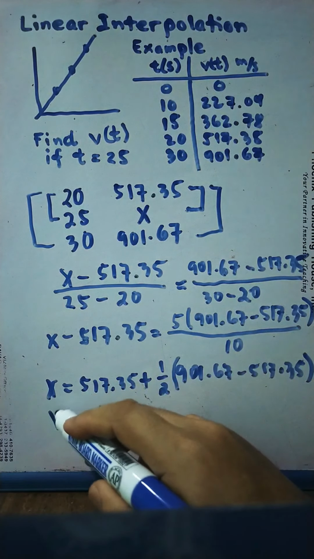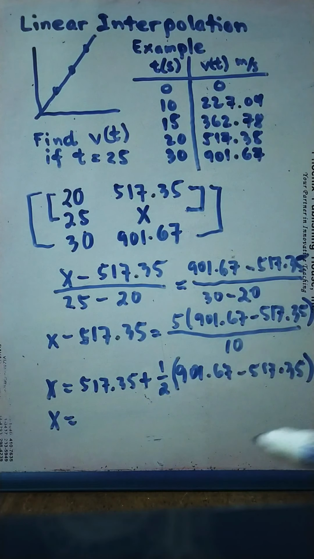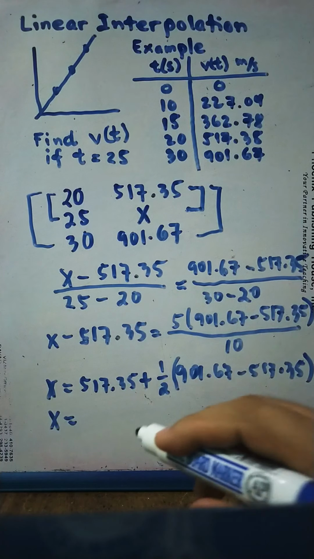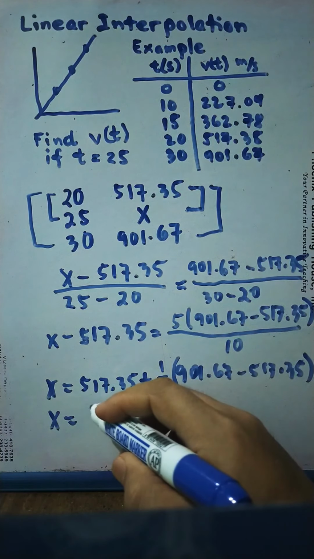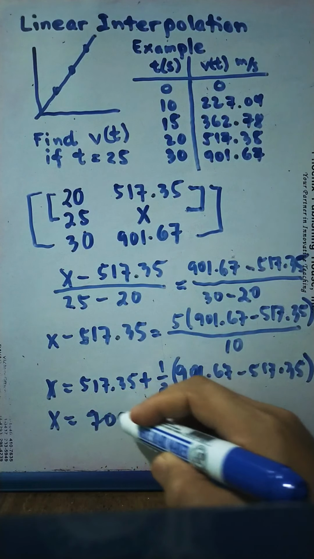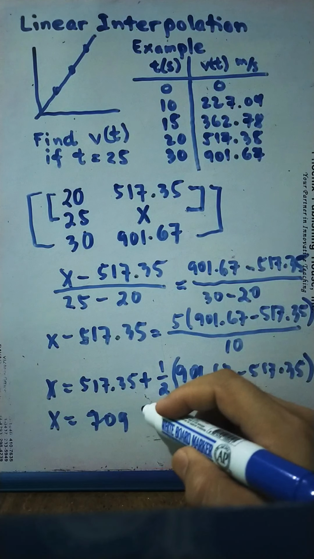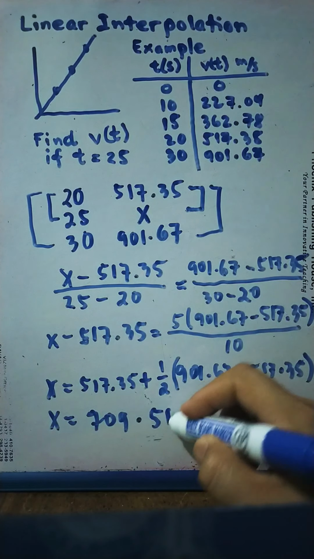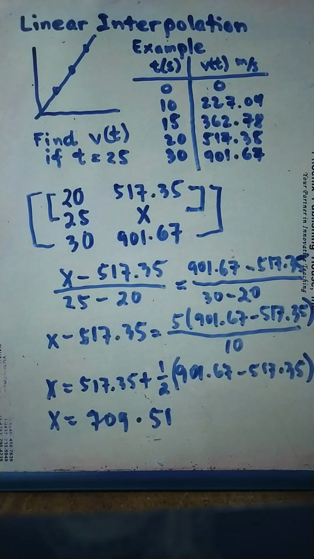Using your calculator, the equivalent of x is 709.51. You can check your calculator. So that is linear interpolation.